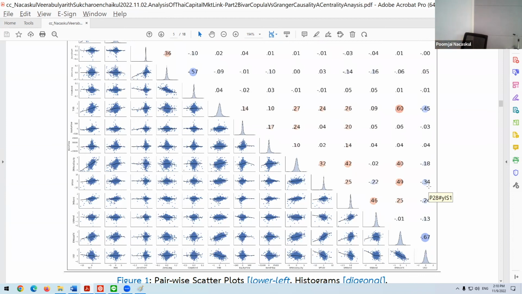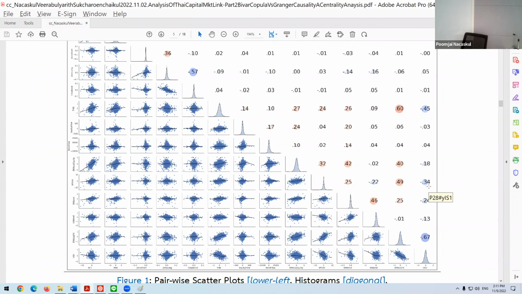This is very good, by the way, you should do this on your project if you have a lot of variables. Basically, list all the variables you have, and for each pair, do what's called a scatter plot. That gives you an impression of where things are linked.